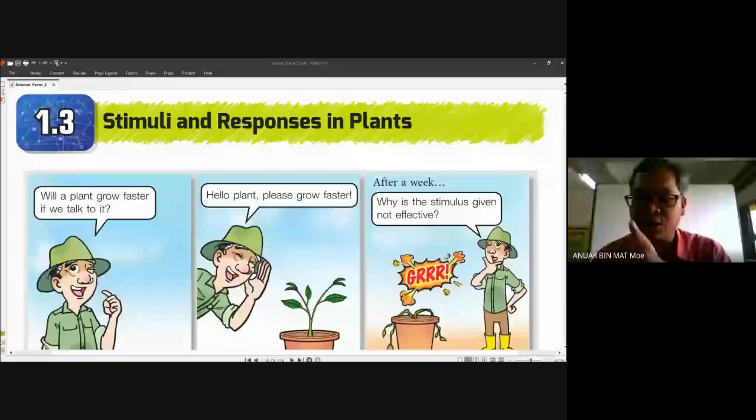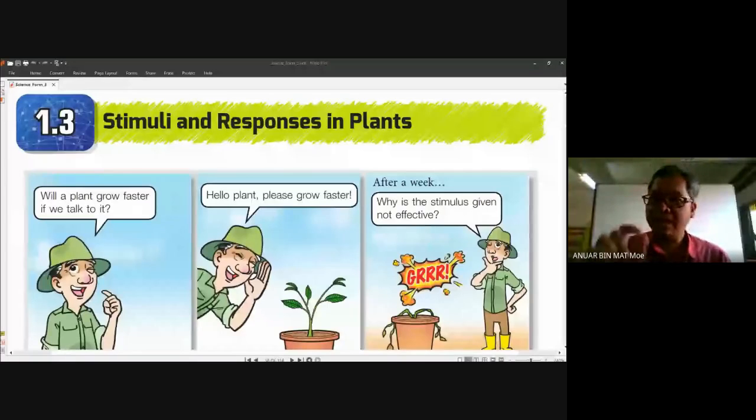Okay, and then we also learned about the sensory organ that detects the stimuli. For example, you just said an example of stimuli is light. So what is the sensory organ that detects light?